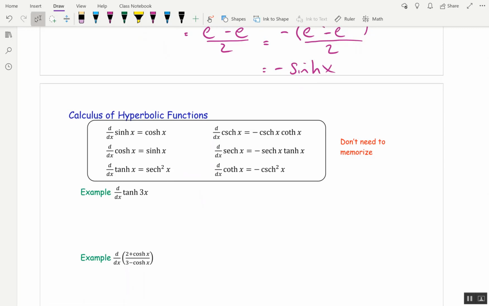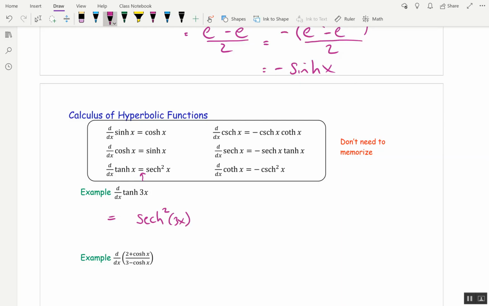So let's find the derivative of hyperbolic tangent of 3x. So we're just going to use the chain rule. So this equals, because I've got the derivative sign there, now I'm going to drop the derivative sign and take the derivative. So I'm going to take the derivative of the outside, leave a space, which is hyperbolic secant. So sech squared of 3x.